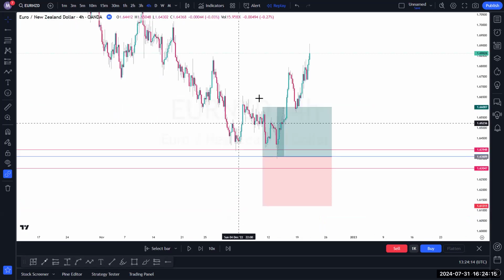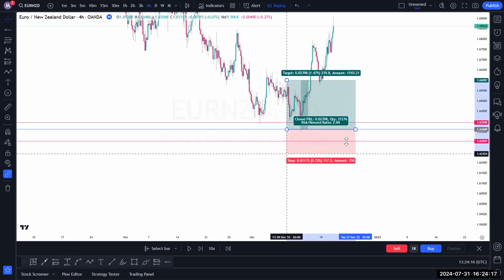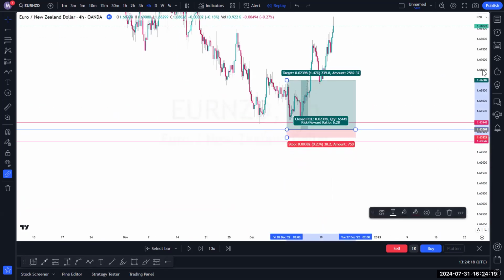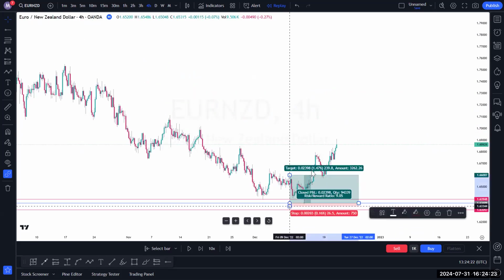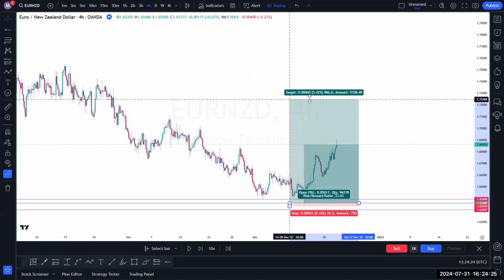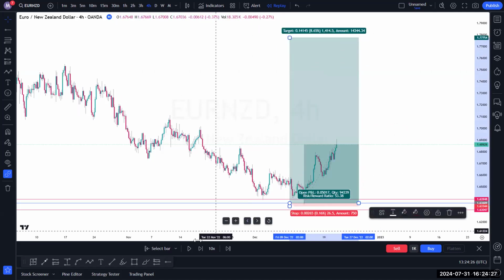That's how we use the structure-based direction bias and take a good amount of intraday setups. Also, if possible, we can also swing based on what the higher time frame provides.